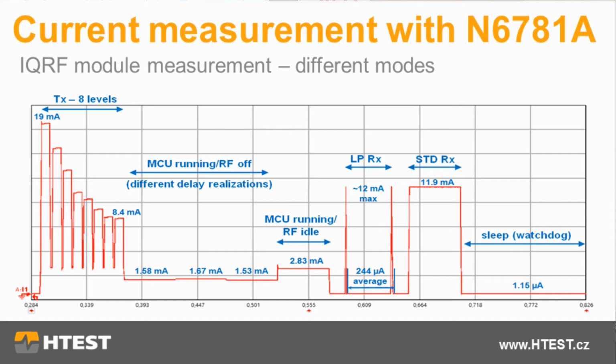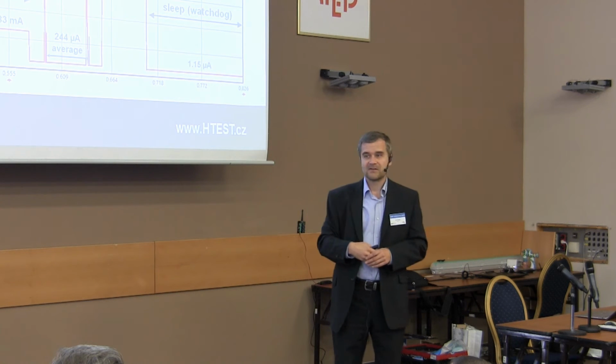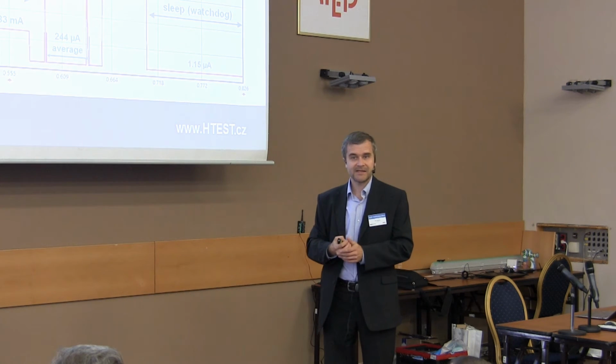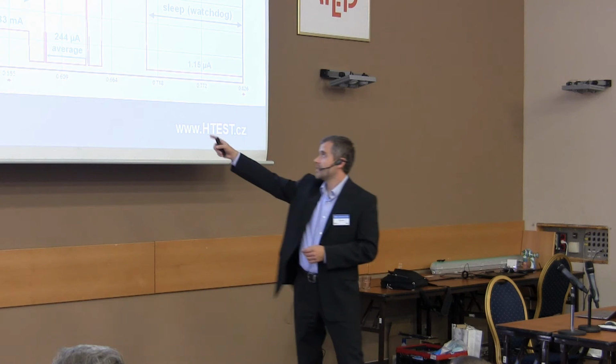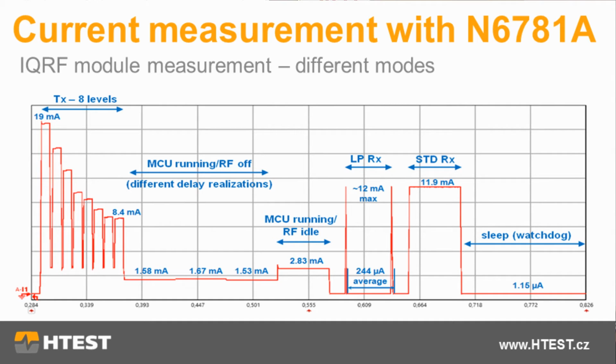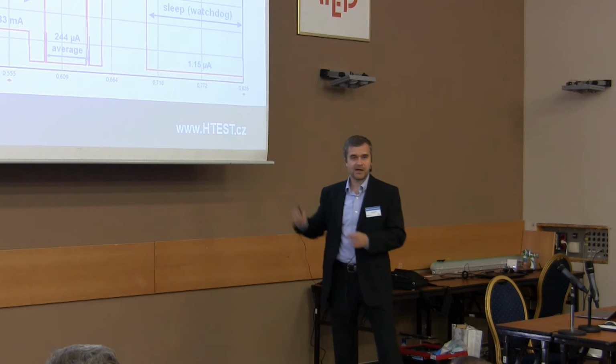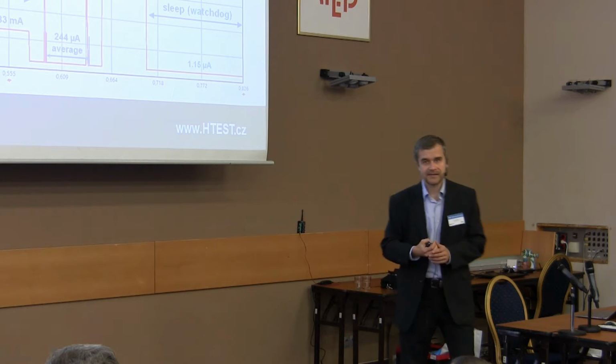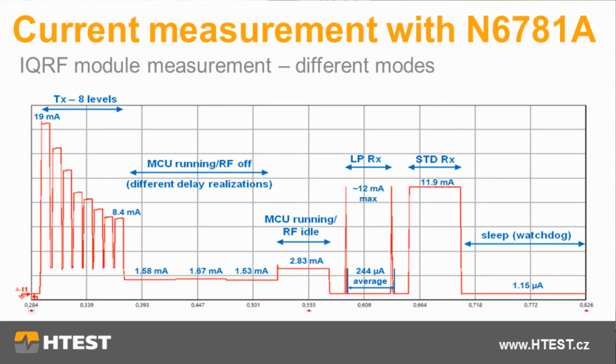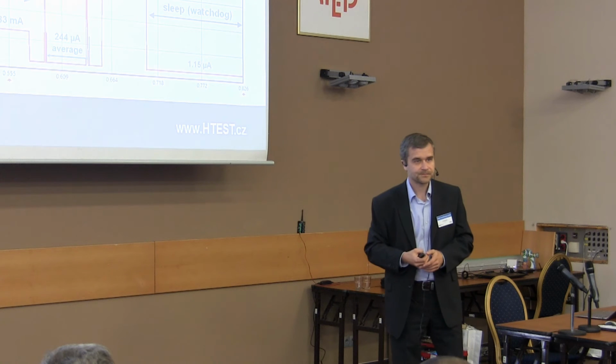Then there are 3 regions with different wait implementations. Then there is MCU running and RF idle, so you can measure current. And there is low power receiving mode, these 2 spikes. Then the white pulse is standard receiver mode. And at the end is sleep mode with watchdog, so it can wake up after some time.